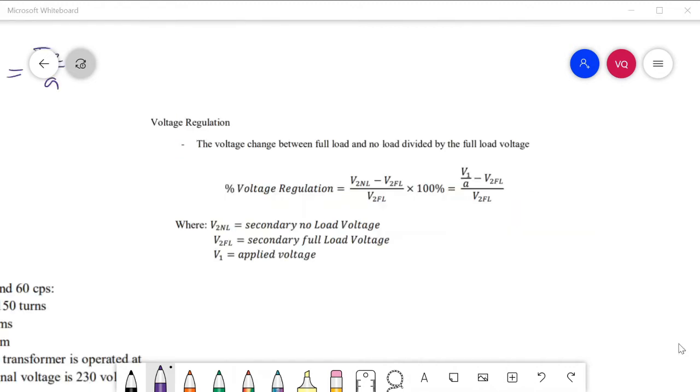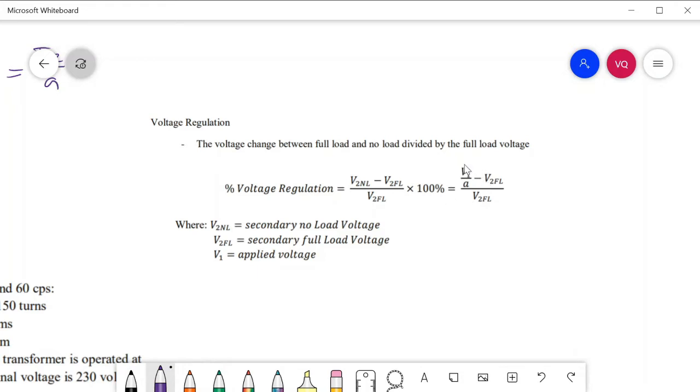First, we will define what is a voltage regulation. So voltage regulation is the voltage change between the full load and no load divided by the full load voltage. So percent voltage regulation is equal to the output voltage at no load minus the output voltage at full load divided by the output voltage at full load times 100%.